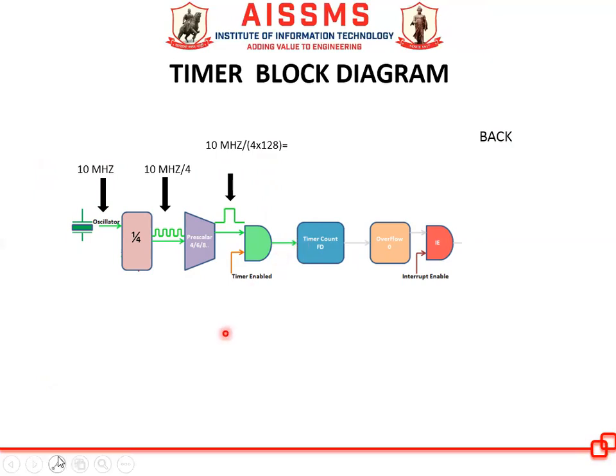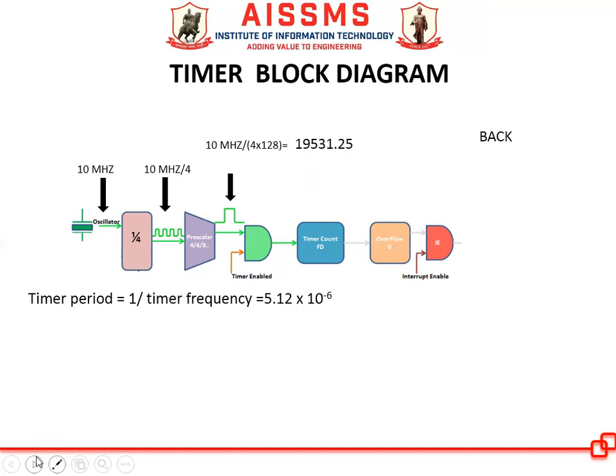So the timer will work at a frequency equal to 19531.25 hertz. 1 upon this frequency will give you the timer period. So the timer period is 1 upon the timer frequency, which is 5.1 times 10 raised to minus 6 seconds. So to count one state, it requires 5.1 times 10 raised to minus 6 seconds.